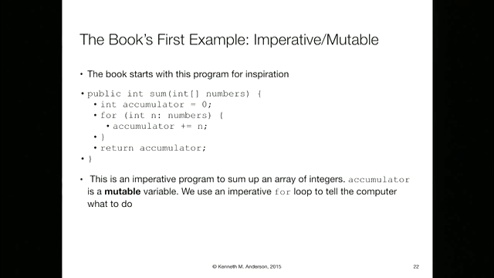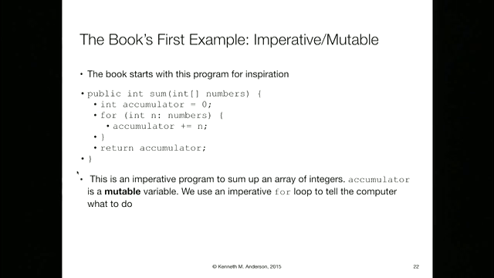All right, and so we were starting down this path of looking at the first example that the book covers, and it's one where we start with inspiration. If we were to get an array of numbers in Java, this is the type of code you would see prior to Java 8 for summing up those numbers.